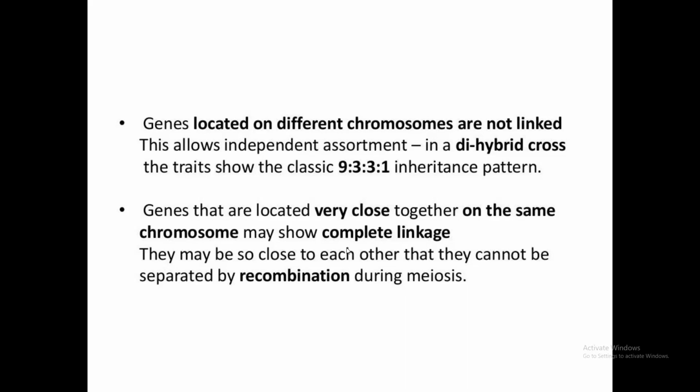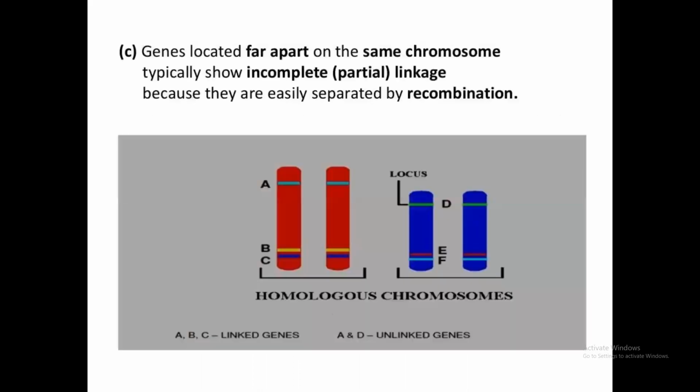They may be so close that they cannot be separated by recombination. If two genes are very close, can you imagine any crossing over between them? If there is a distance, there can be crossing over. When there is very little distance, there cannot be, so they go together. That is linkage.